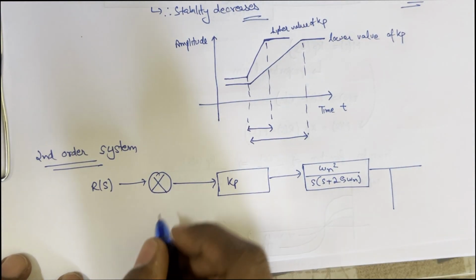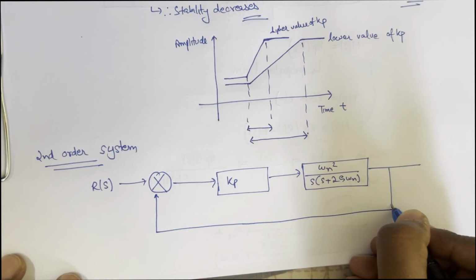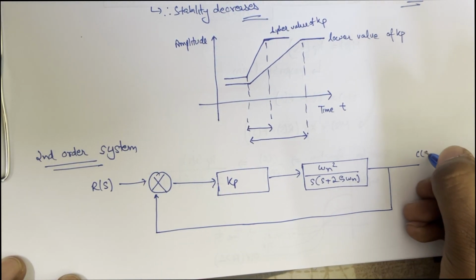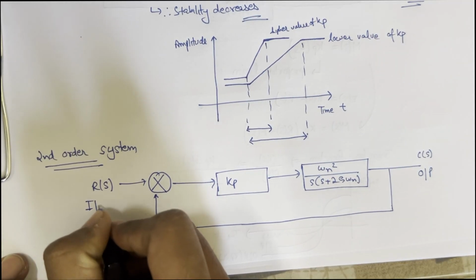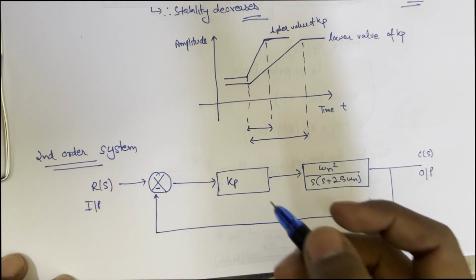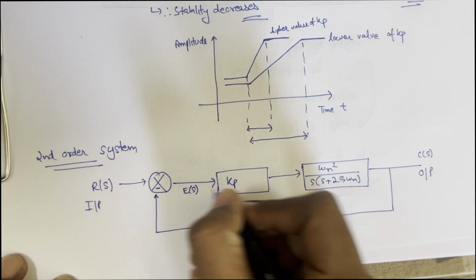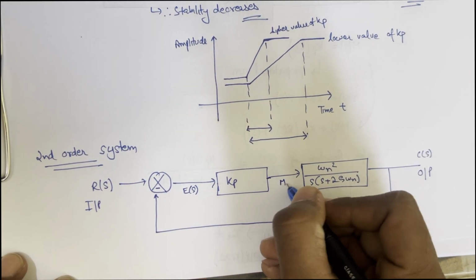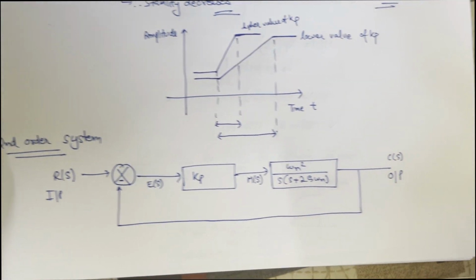And here is the unity feedback, and C(s) is the output. This is negative feedback. This is the controller gain Kp. Here comes the error signal, and this is the signal M(s), which is produced by this controller block.